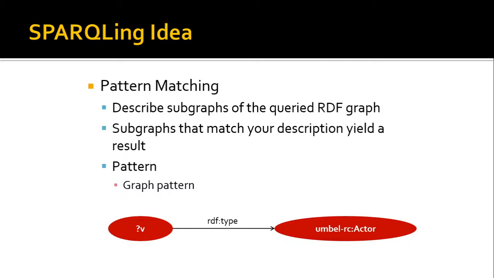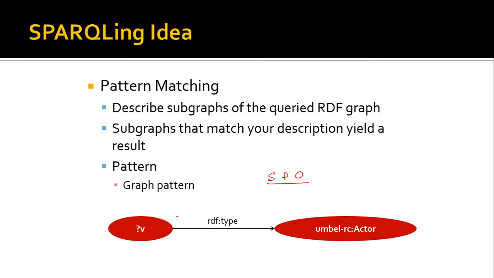What you are seeing here is the simplest graph pattern, basically a triple. So a subject, predicate, and object, a single triple, right? And out of these, at least one of them should be a variable. Or all of them can be variables, but at least one of them should be a variable.